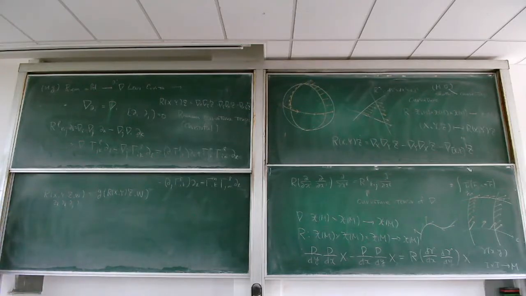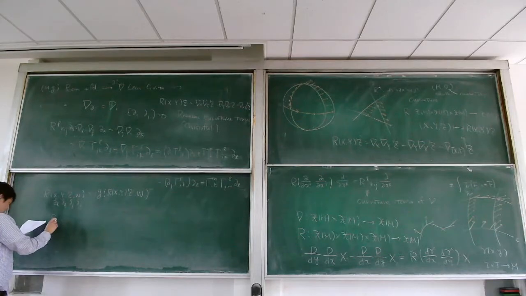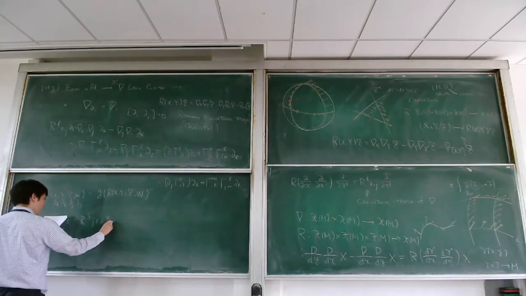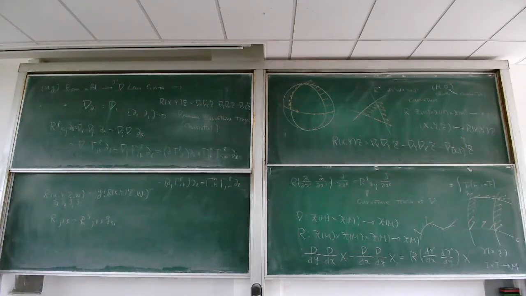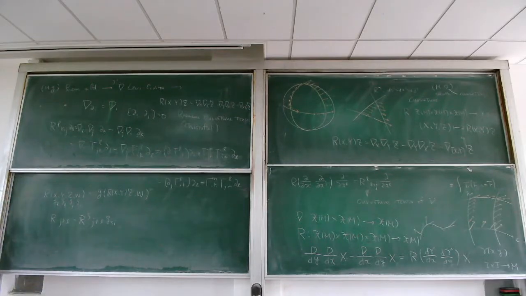This is my notation in the lecture note. And then if you plug this one in, this is R_ijkl, R_sjkl g_si. Seems like this is my notation. Yeah. Any questions so far?